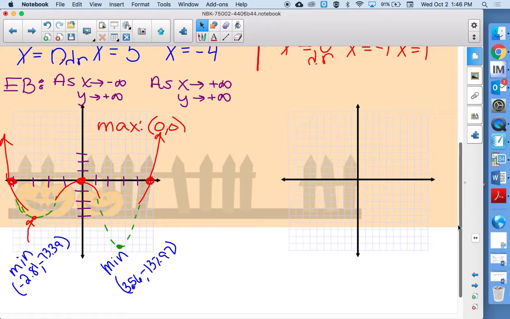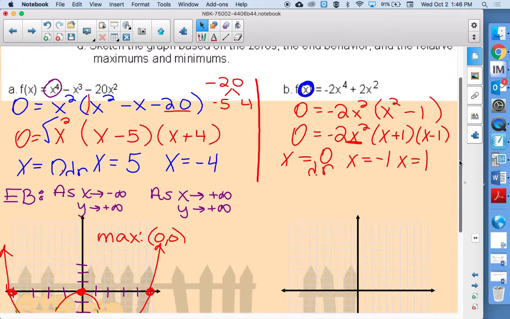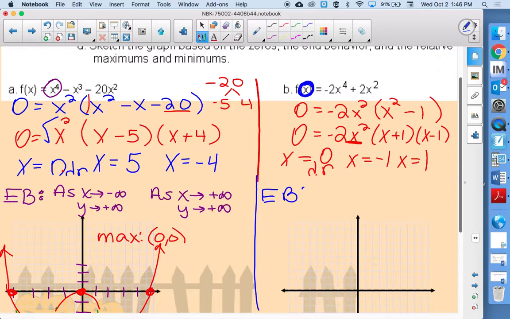So looking at the next one, we already found the intercepts, the zeros. The end behavior, even and a negative in front. So it's even and negative. The other one was even and positive. So my graph should do the opposite now. Since it's negative, it should go down instead of it going up.